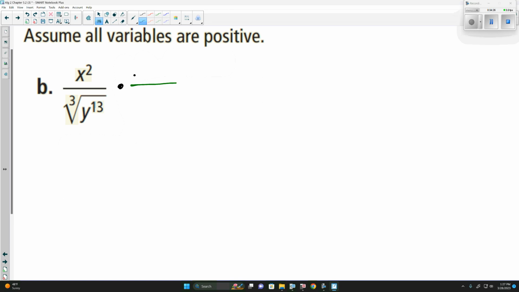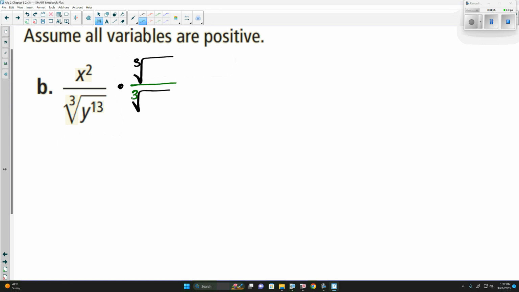So with this here, we're going to have to multiply the top and bottom by the cubed root of something. And the reason we use cubed roots is because the denominator is a cubed root, yes? Can we take the cubed root of y to the 13 nicely? No, because 13 is not divisible by 3. What is the next power after 13 that is?